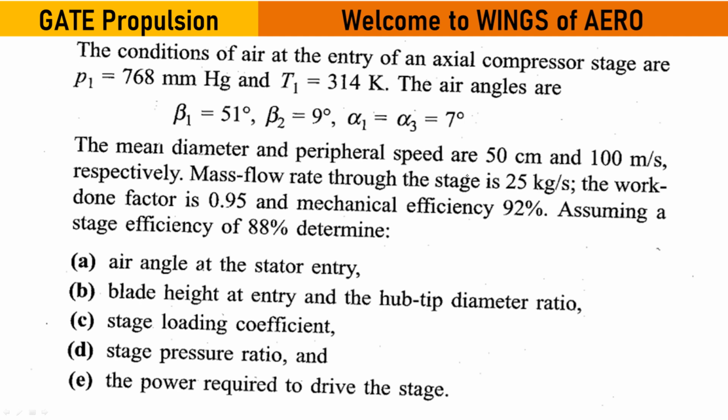They have given the blade speed U, that is 100 meter per second. They have given the stage efficiency, other mechanical factors, right? Now let's first find the blade angle.